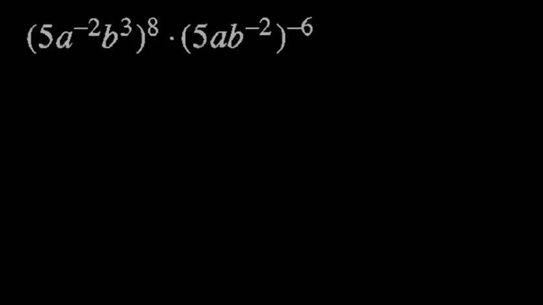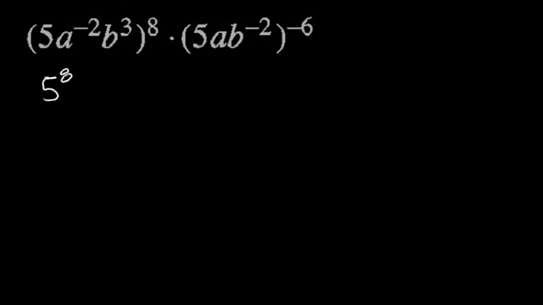has something raised to the 8th power and something raised to the negative 6th power. Now we've dealt with our friend negative 6 before, but right now we're just going to use this power to a power rule and rewrite this. I could write all this out, but I know that once I collect it at the end, I'm going to have exactly 8 factors of 5.